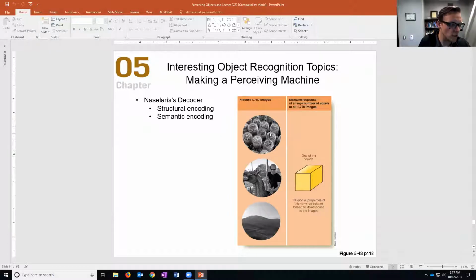These are patterns, these are shapes in the image. What we could do is show participants each of these images and many more images that vary in these ways, and look at the activity in each voxel throughout the brain. We could then tell the machine, okay, this pattern of activity is associated with this image.